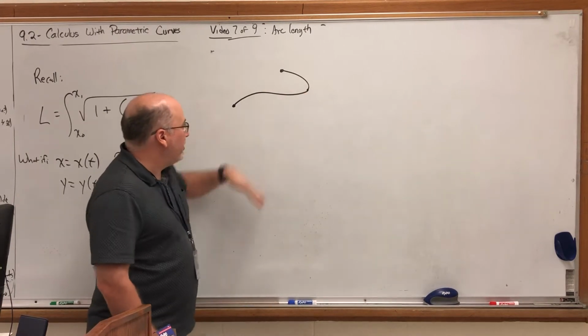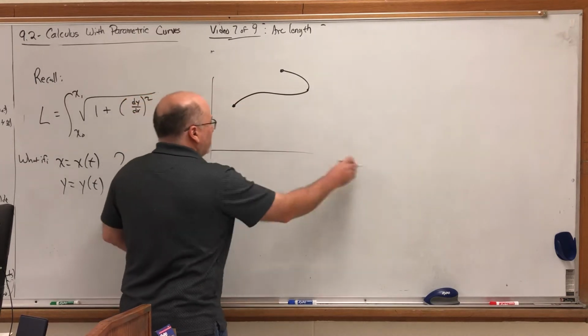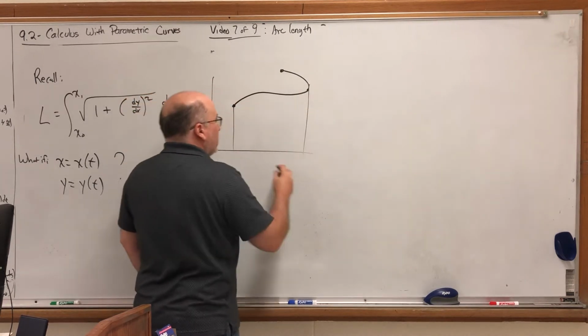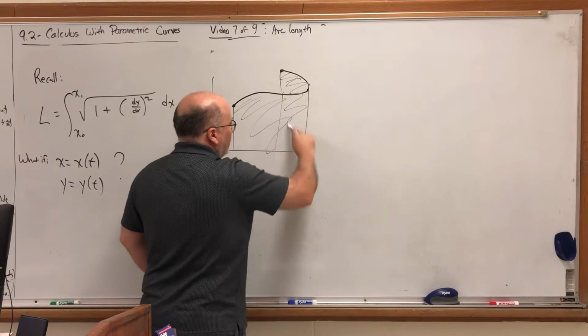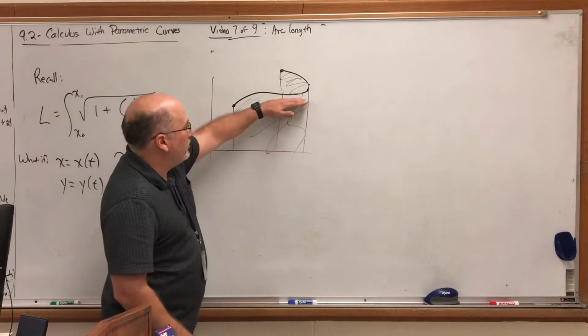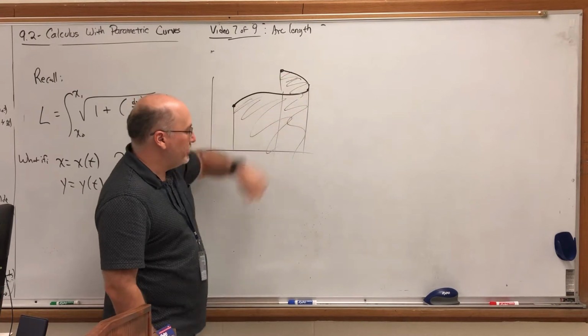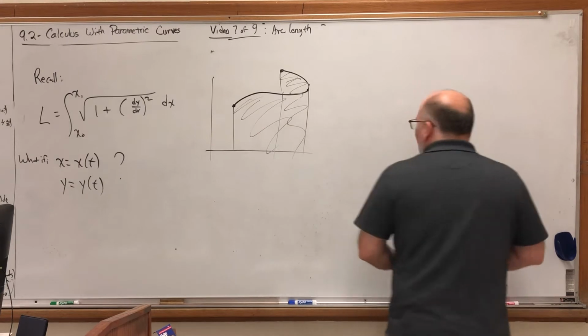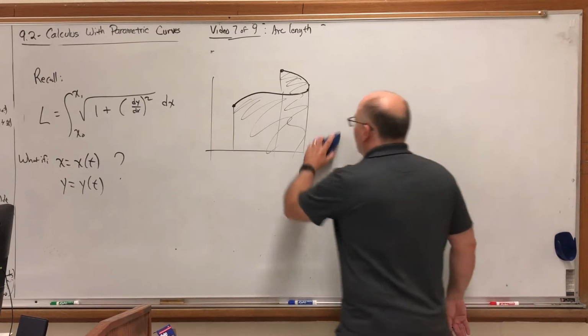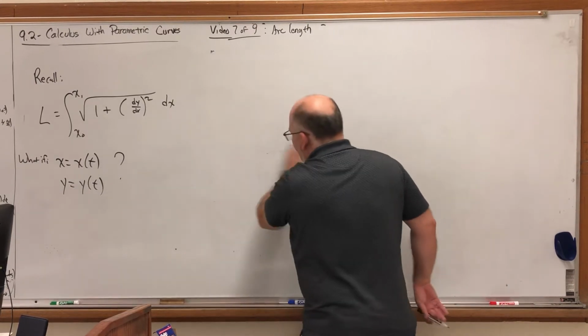Unlike looking at the area under the curve, where, if this is where we were, the area under the curve is here, but then it doubles when we look under here, because we pick up this piece twice. Once under the curve before it turned around, and once again after it turned around. But it seems like arc length shouldn't have that issue, because we're not looking under the curve, we're just measuring how long it is. And the truth is, it doesn't matter.